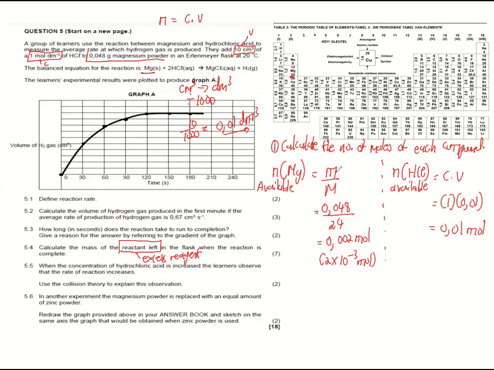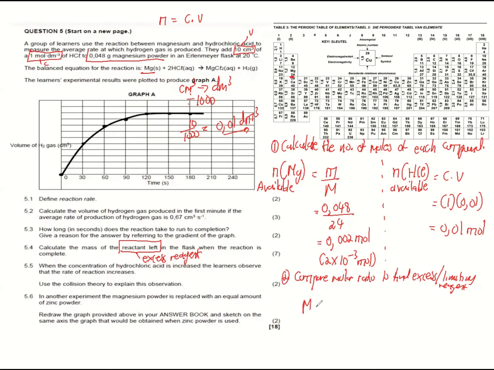Step number 2, if you can still remember, is to compare the molar ratio to find the excess or limiting reagent. So this is where we are calculating the number of moles required, by the use of ratios.